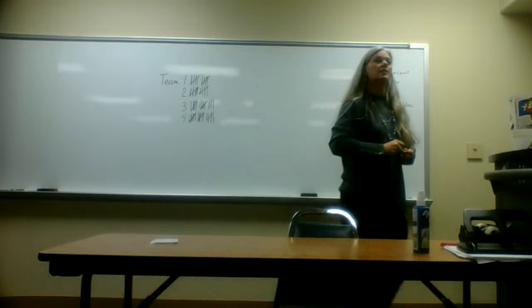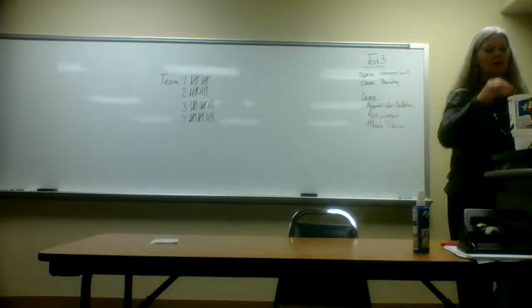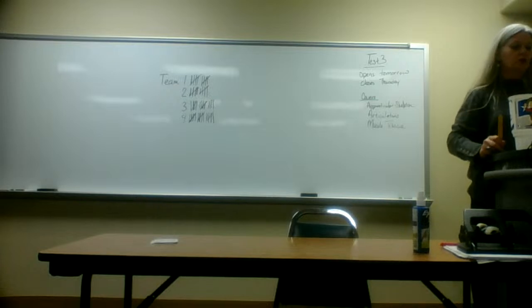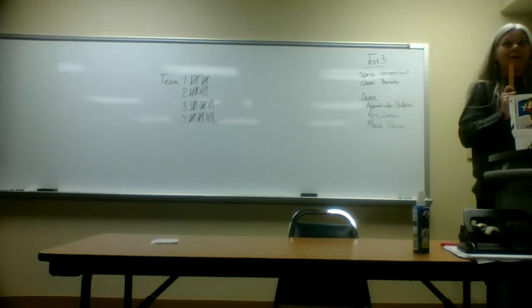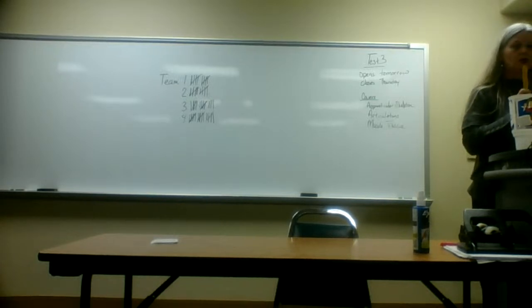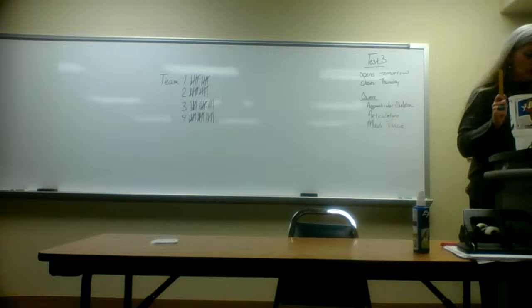Acetylcholine. So that's what's going to tell our muscles when to contract. We'll get introduced to a lot more neurotransmitters this week. All right, so acetylcholine is released by the synaptic end bulb. Yellow.